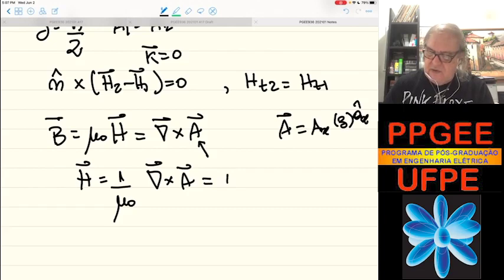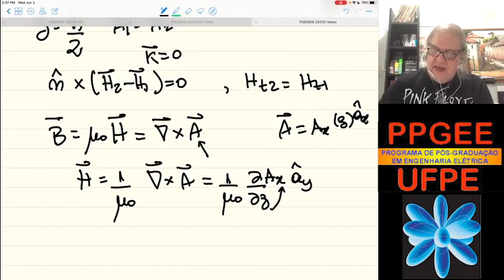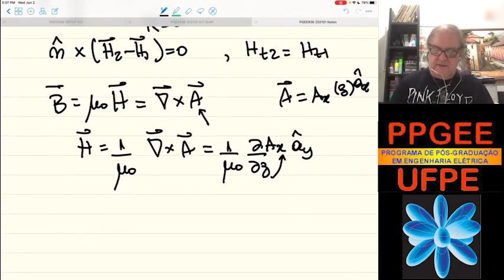So this equals 1 over mu 0 times d/dz of A_x, since Z cross X equals Y. So the H field is in the Y direction, right?